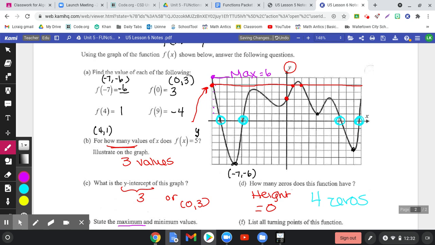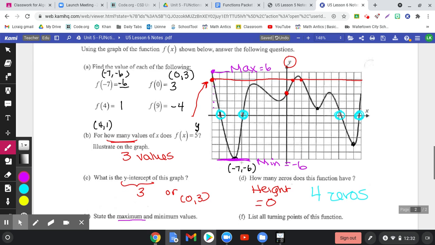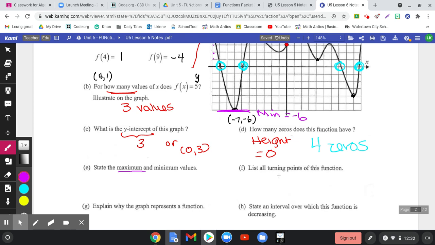And the min, looks like the lowest point is way down here. There's your min. And that has a height of negative 6. Okay, you're not looking at the x value where it happened. You want to say how far is it above or below the x-axis, above or below the ground. So your max equals 6 and your min equals negative 6.